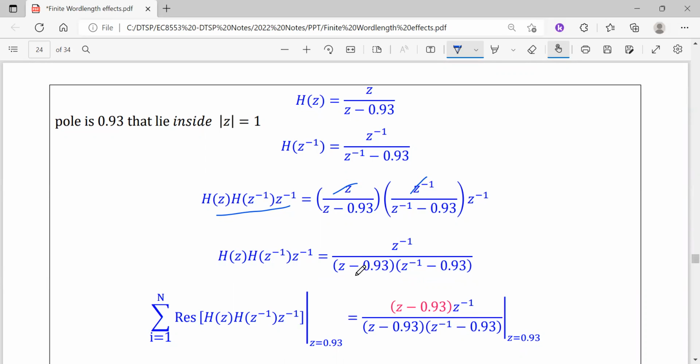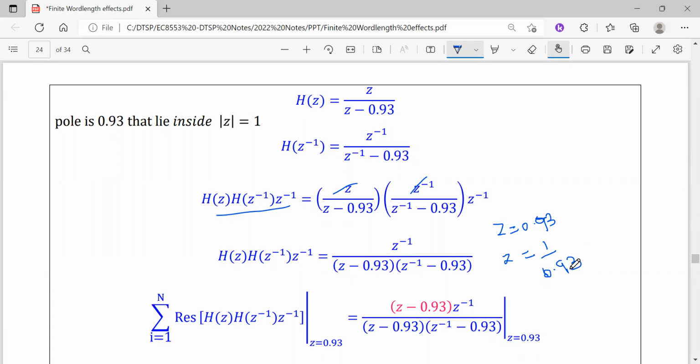If we analyze this, we have two poles: z is equal to 0.93, and the second pole is z is equal to 1 by 0.93.